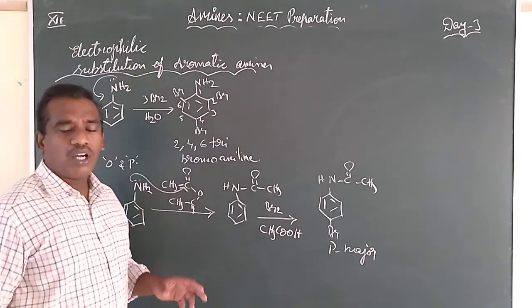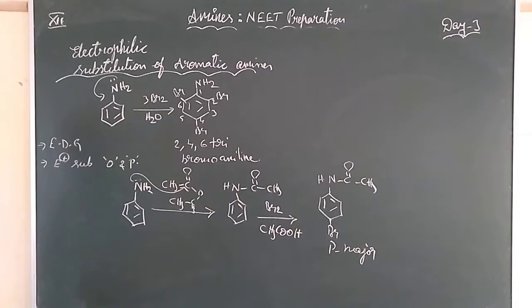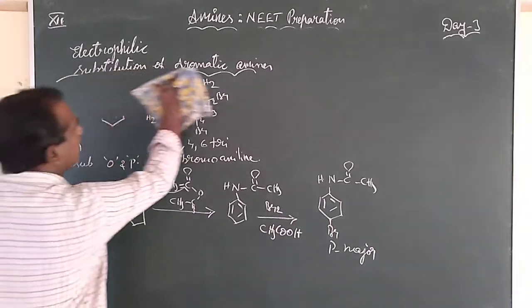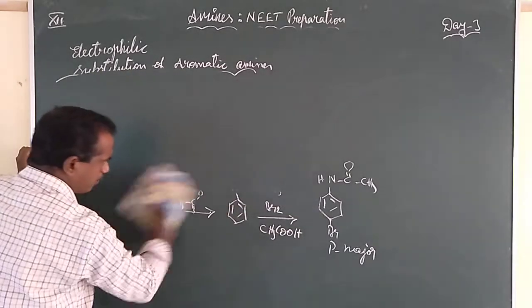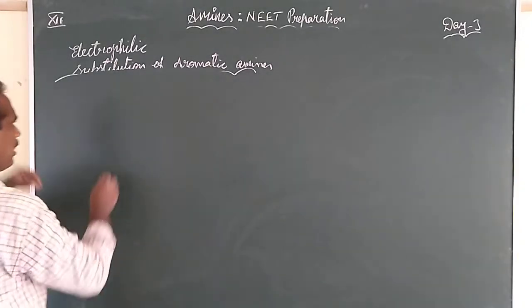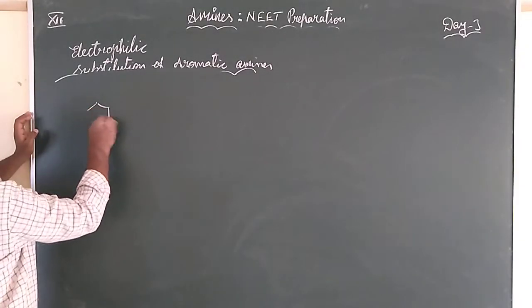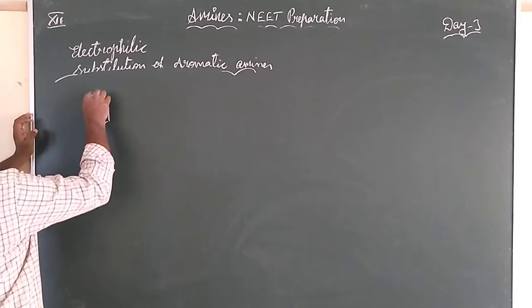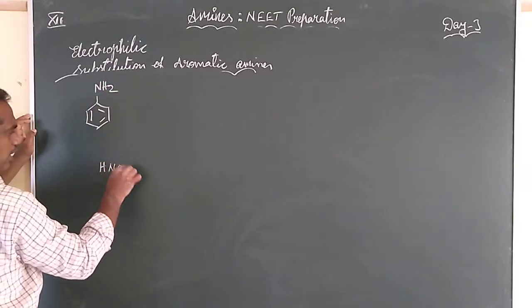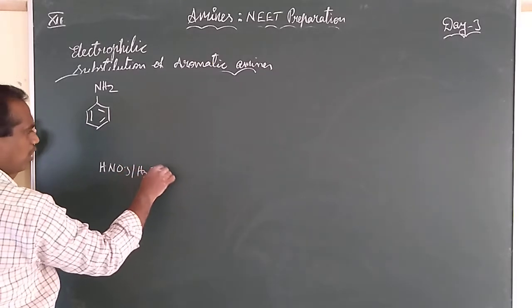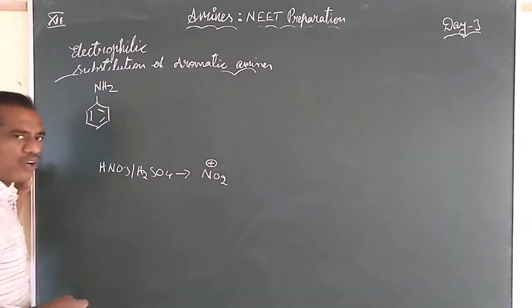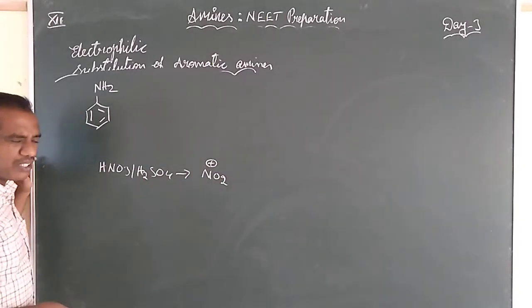You can read now, or in the textbook it is very clearly given how aniline reacts with nitration mixture to give different products. In the first step, HNO3 in the presence of H2SO4 will give NO2 plus ion, the nitronium ion. I am not showing the steps here.